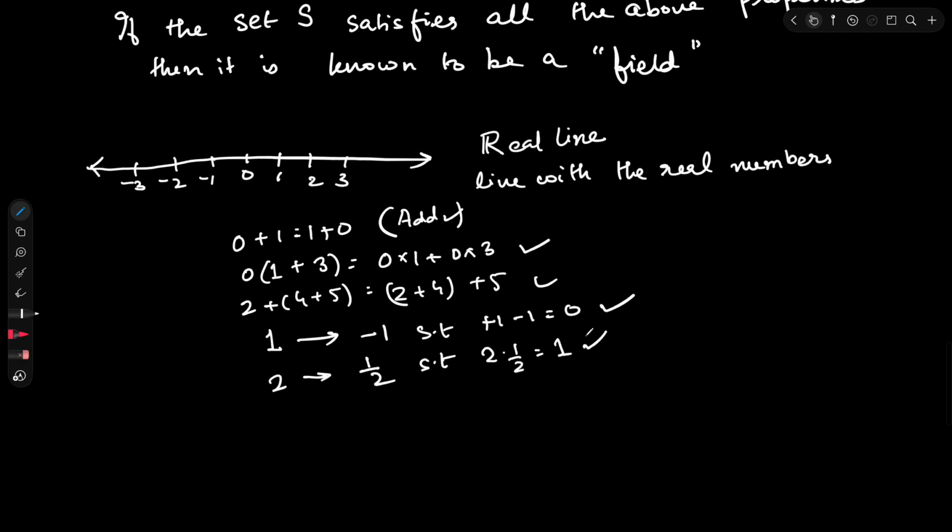So the multiplicative inverse is also available here. With that we also have the additive identity, that is when we add 0 it stays the same number, and we have the multiplicative identity, that if we multiply by 1 we get the same number. So this real line can be called a field. This is the field of real numbers.